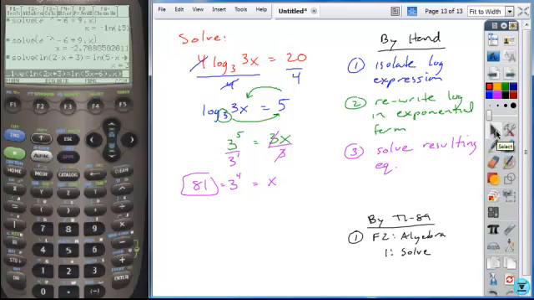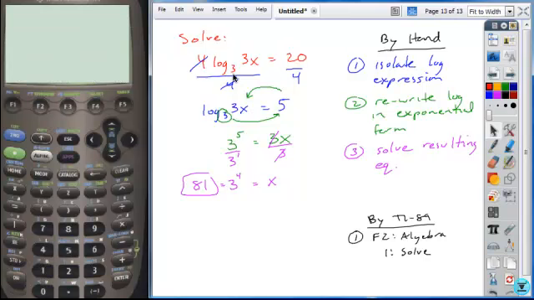So the other way to solve this is by using your TI-89, in which case you do the exact same thing. You enter it exactly as it appears. And now, here's the situation, depending on what kind of calculator you're using. If you have the updated operating system, the way that you can enter this original equation is we can use the solve feature. We can enter 4 times the log. And what you need to do is enter it in the log form.